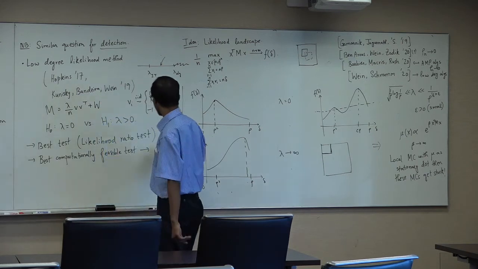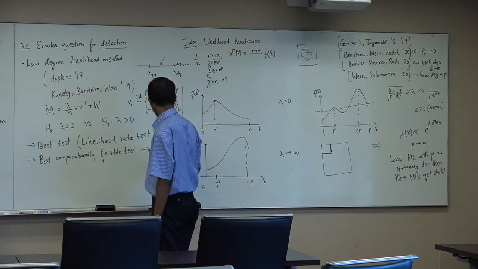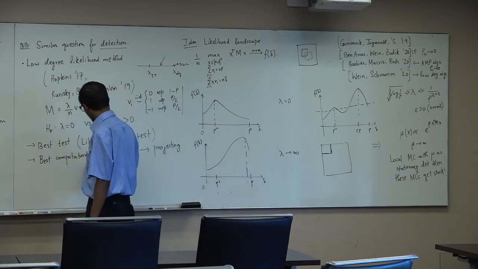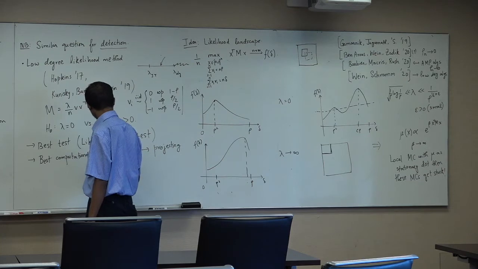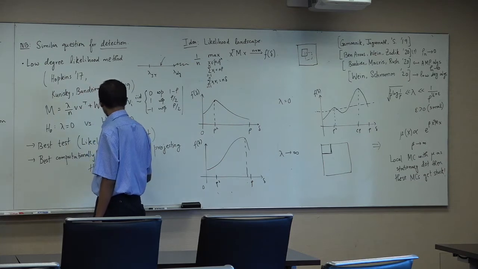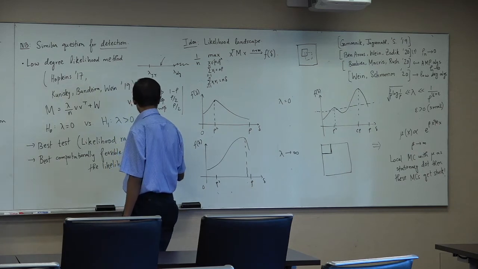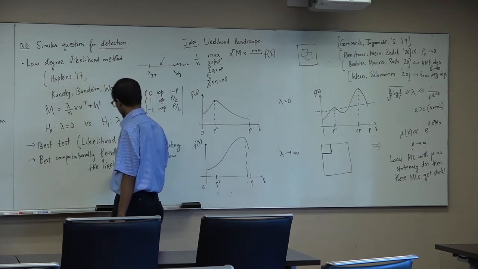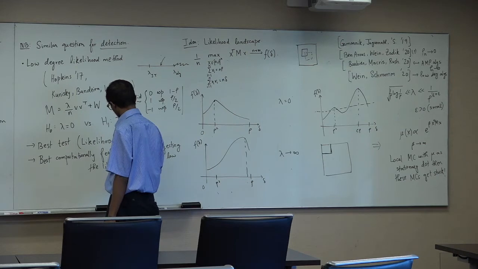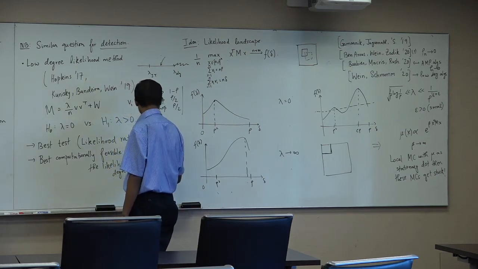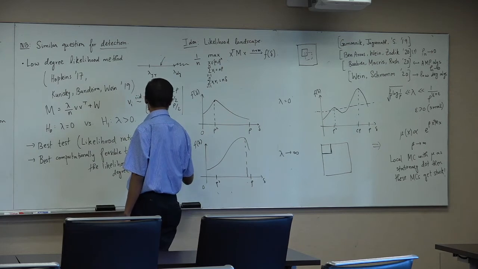you would get by projecting the likelihood ratio to a low degree polynomial, in terms of the input.